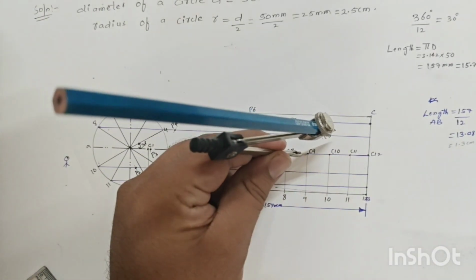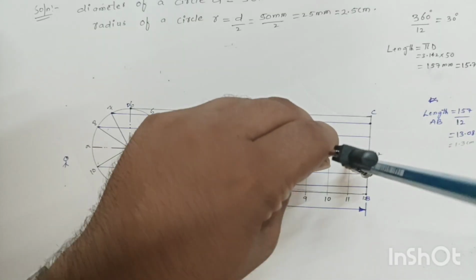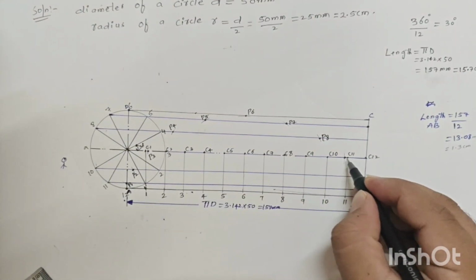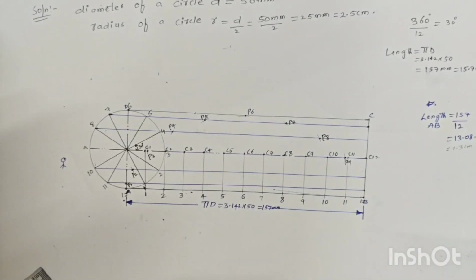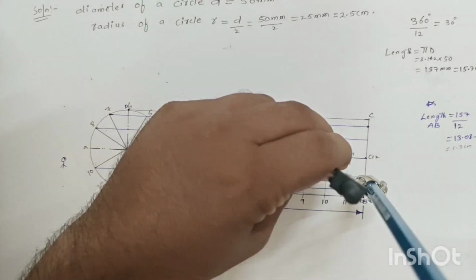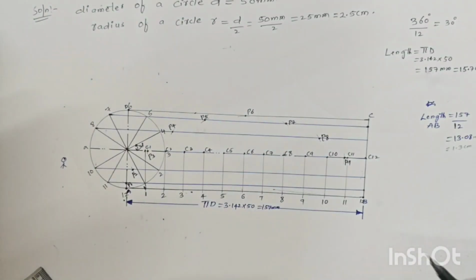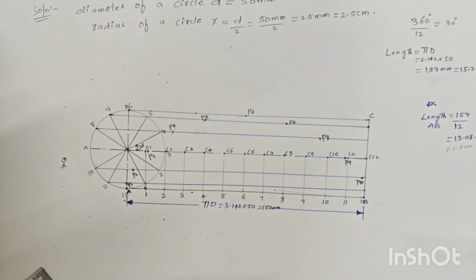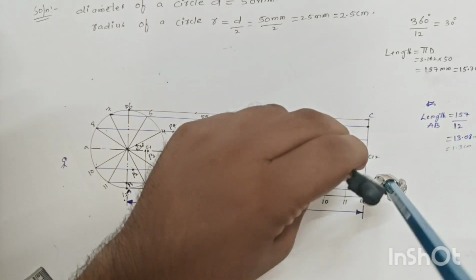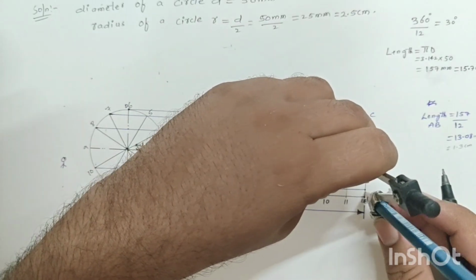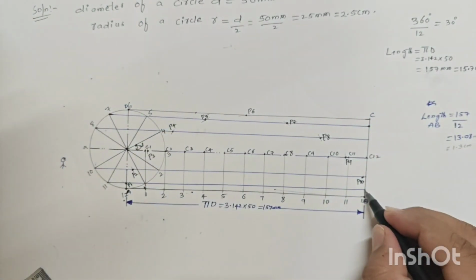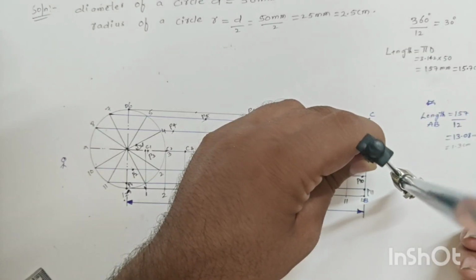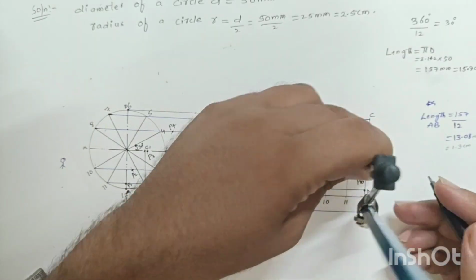Place a compass on C9, mark on the 9th line. 9th line is which one? 9 and 3. Is it right? P9. Place a compass on C10, mark on the 10th line. So this is P10. Place a compass on C11, mark on the 11th line. Is it right? P11. Place a compass on C12, mark on the 12th line.